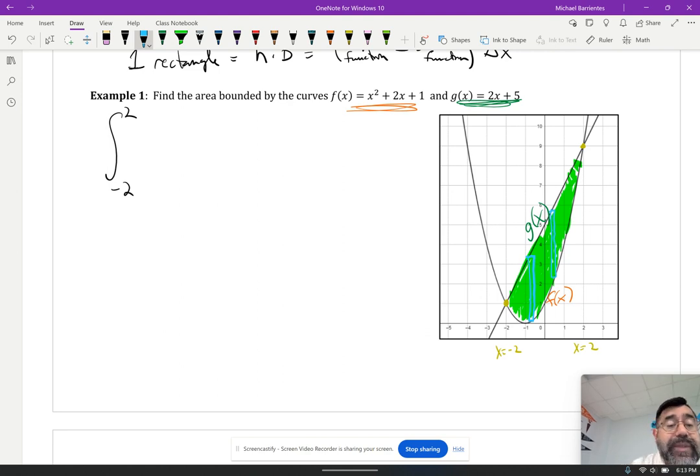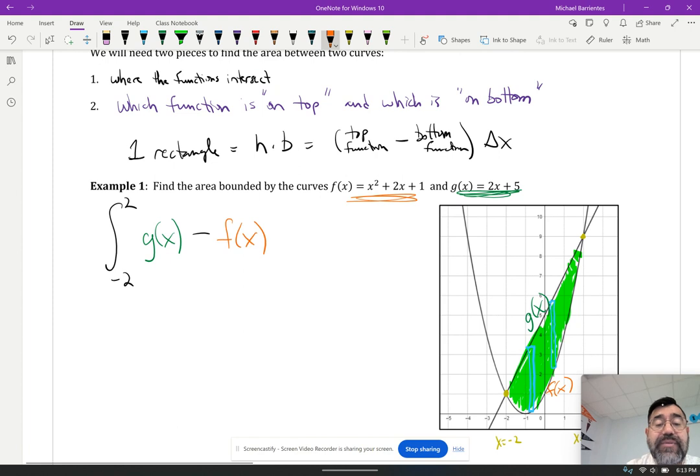So therefore, we're going to take the integral from negative 2 to 2 of the top function, which is g of x, minus the bottom function, which is f of x, because that's how we're going to find one little strip. And then my delta x becomes my dx.